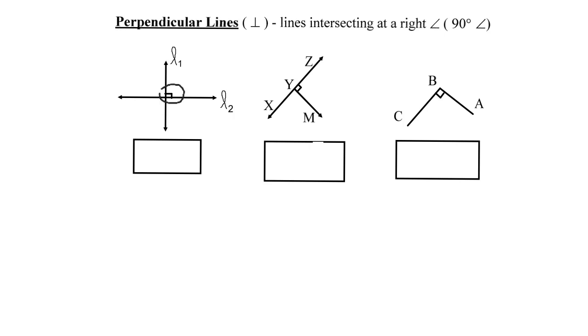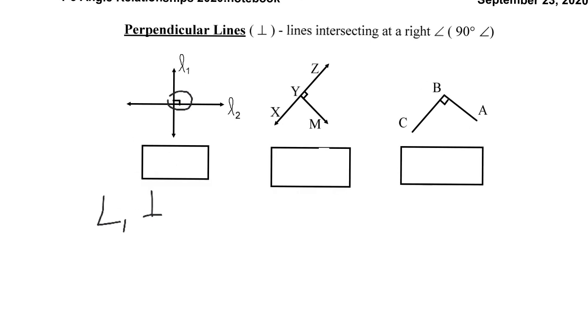In mathematics, if you put a box like this, it indicates that the two lines are perpendicular. So line L1 is perpendicular to line L2.